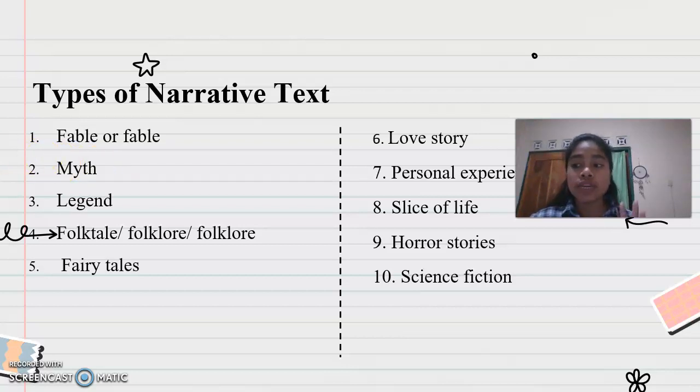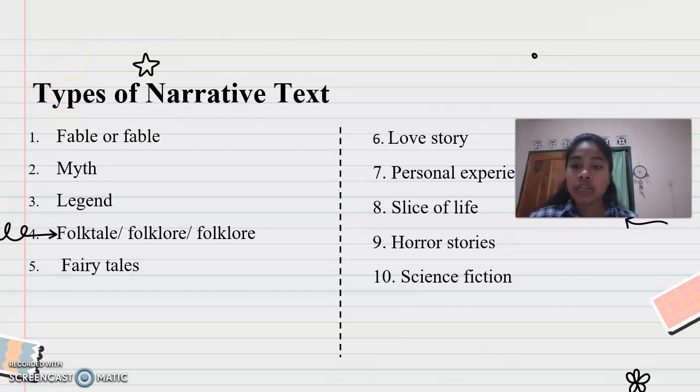Legend is a story that tells about how a place originated. For example, the legend of Surabaya, the legend of Prambanan Temple, story of Lake Toba, the story about Sangkuriang, that is about types of narrative in legend.